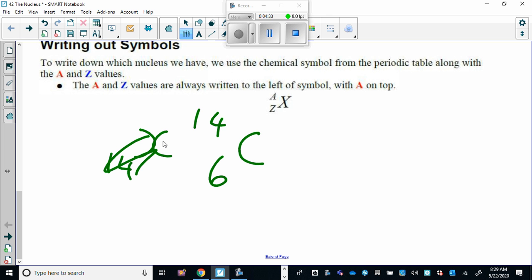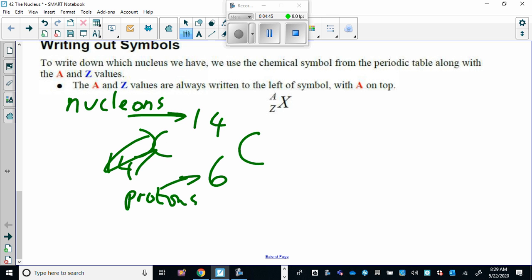The question is, how many protons are there? Well, that's obvious. There are 6 protons. How many nucleons are there? The answer is 14. To get how many neutrons, I would subtract. So 14 minus 6 equals 8. So there are 8 neutrons in carbon 14.